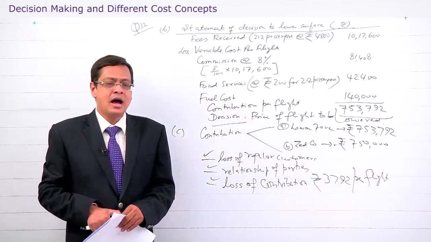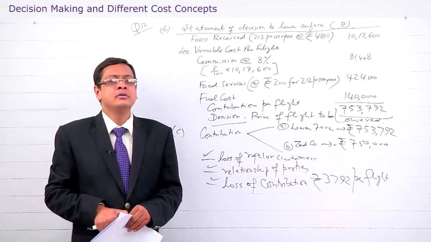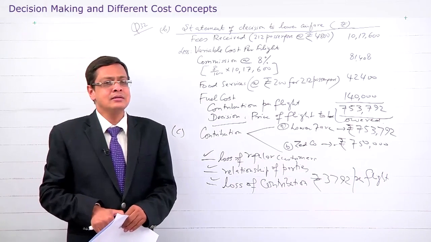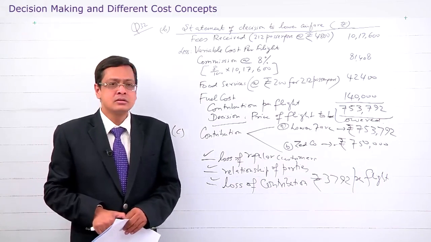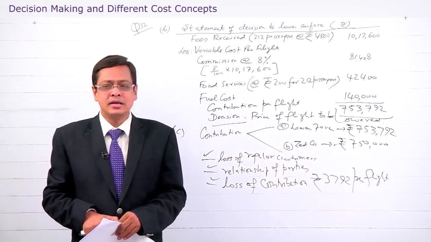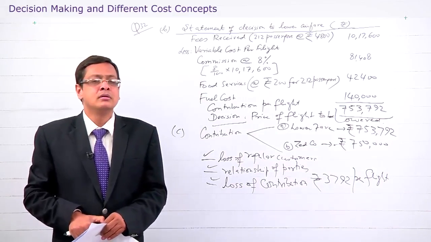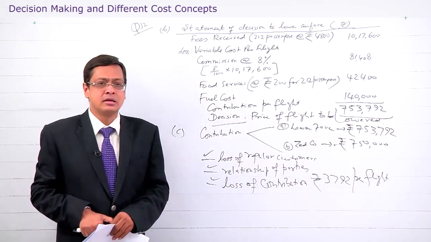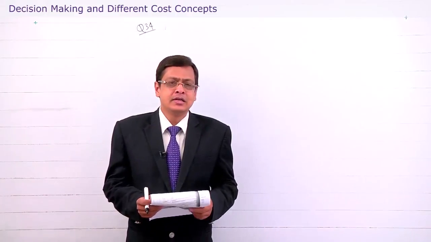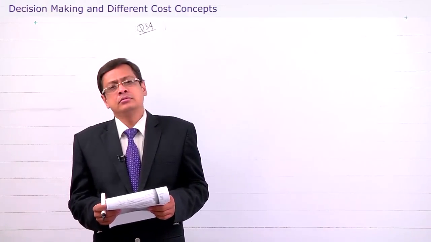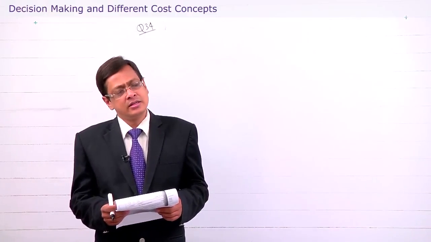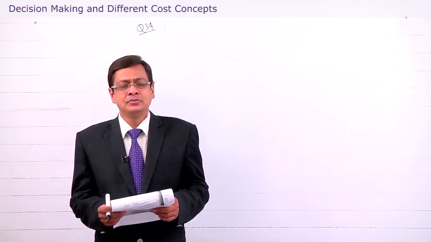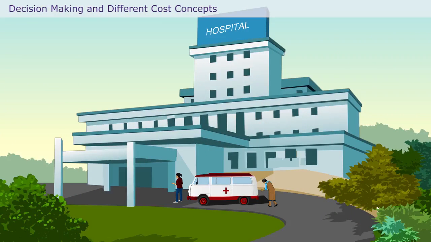So now friend, I will go into another type of service sector pricing. It is going to be again decision 20, and it will deal with question number 33. So friend, let us do another type of question under decision making number 20. This deals with a hospital.